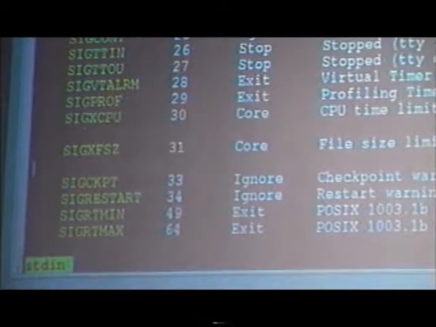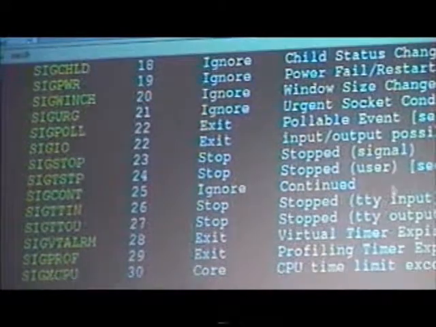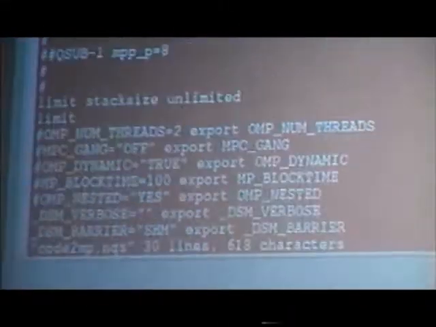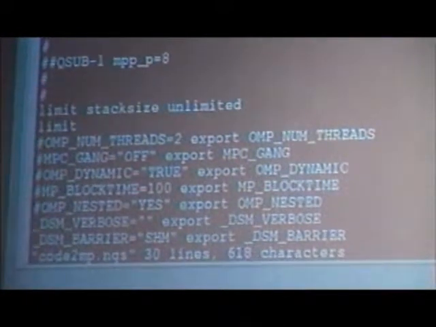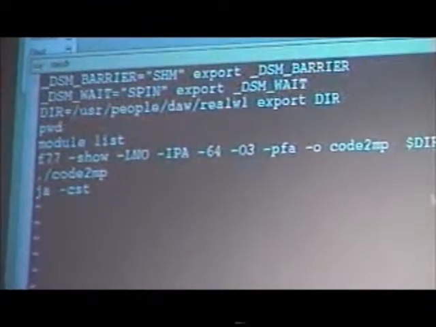SIG user 2, which is probably coming from NQE, they may be hitting an NQE limit. Okay. That doesn't look too bad. So we'll have to see what happens there.